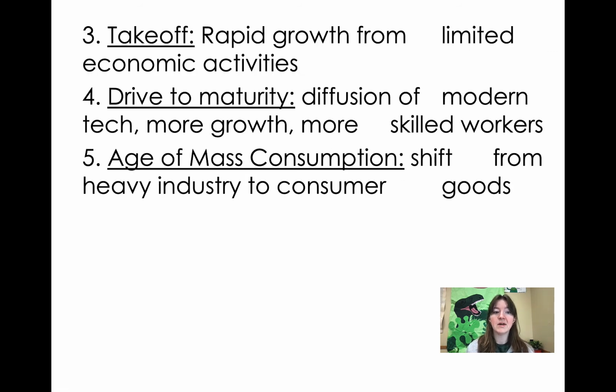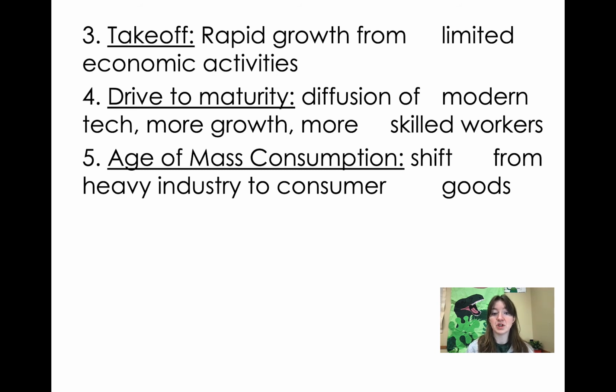Stage 3 is takeoff, and this is the rapid development from limited economic activities. We only have a few things going on, but those few things are causing an absolute economic boom, a growth boom. Think Industrial Revolution in the 17 and 1800s, especially in the United States and Britain.